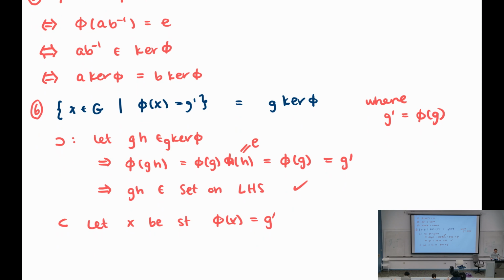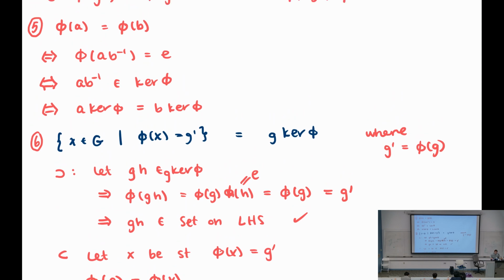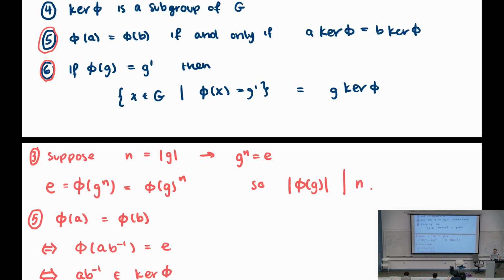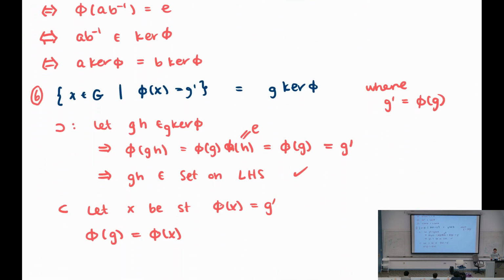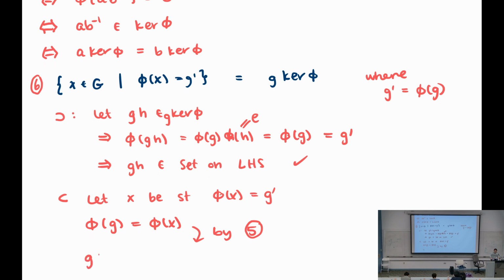So we have that phi of g is equal to phi of x, and by number 5 of this theorem, this means that g times the kernel of phi is equal to x times the kernel of phi.